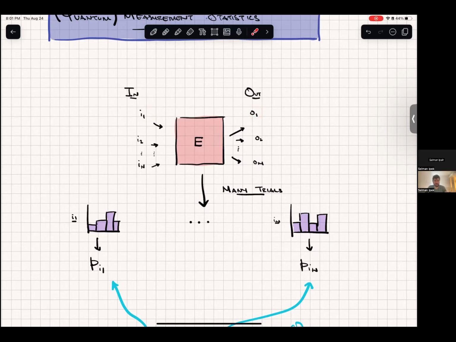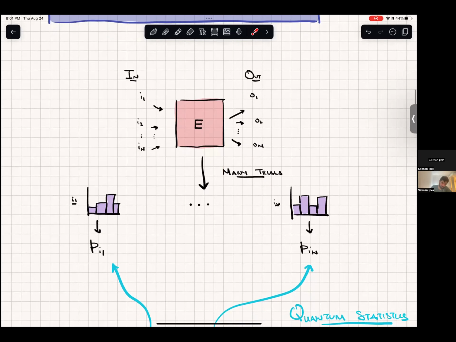And every time we randomly select one of the inputs, we get an output, and we collect those outputs and form a statistics. After many, many trials, we are able to, with some confidence, say that those collected tabulated statistics form some sort of probability distribution, one for each set of inputs.